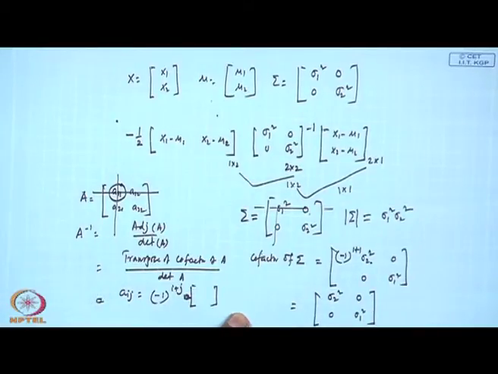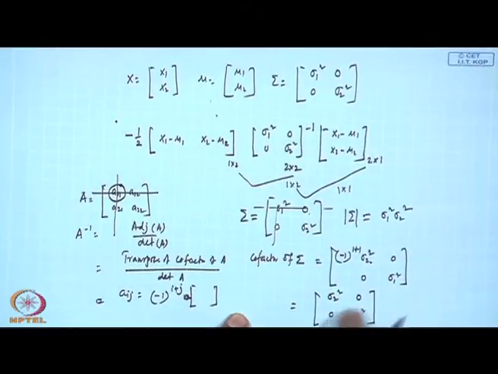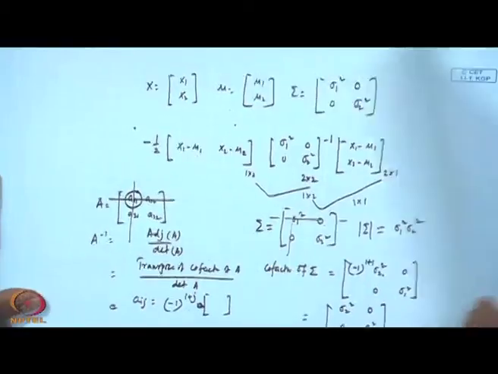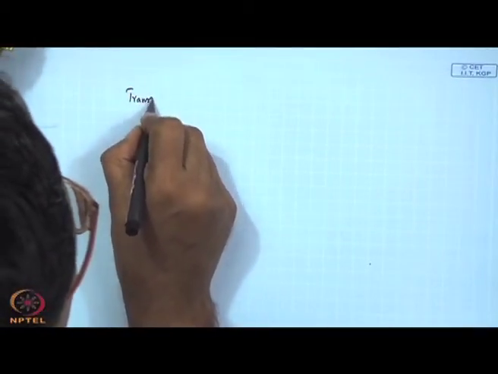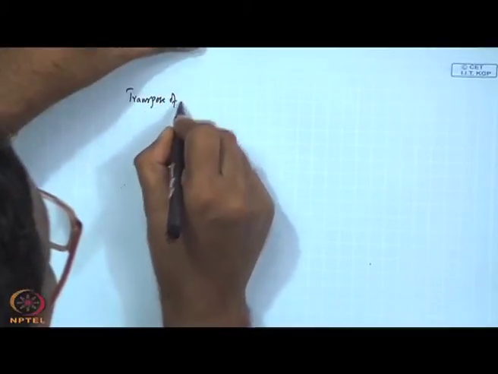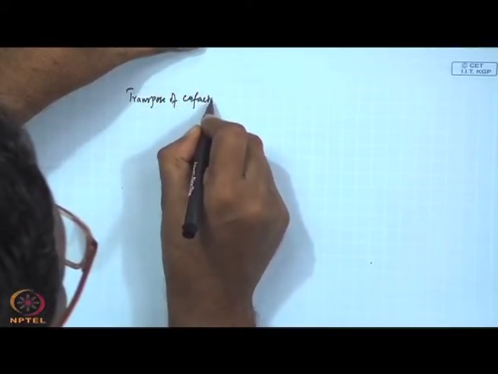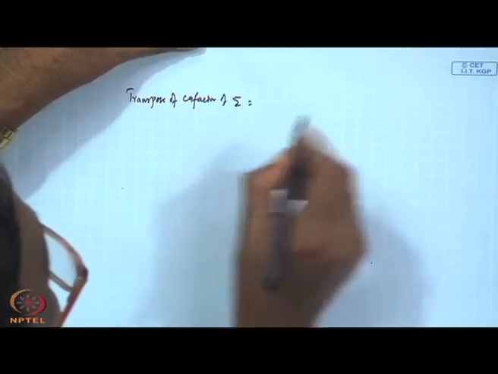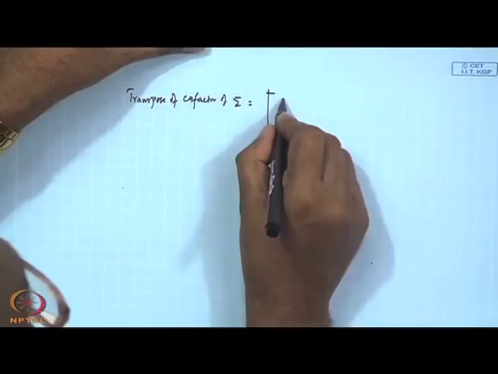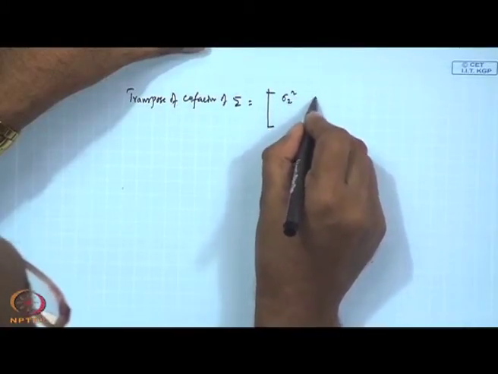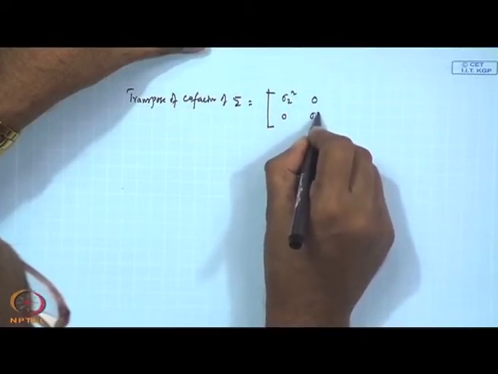What will be its transpose? Same, because these two elements are 0. So the transpose of the cofactor of sigma is again the same thing, because it is symmetric: sigma 2 square, 0, 0, sigma 1 square.